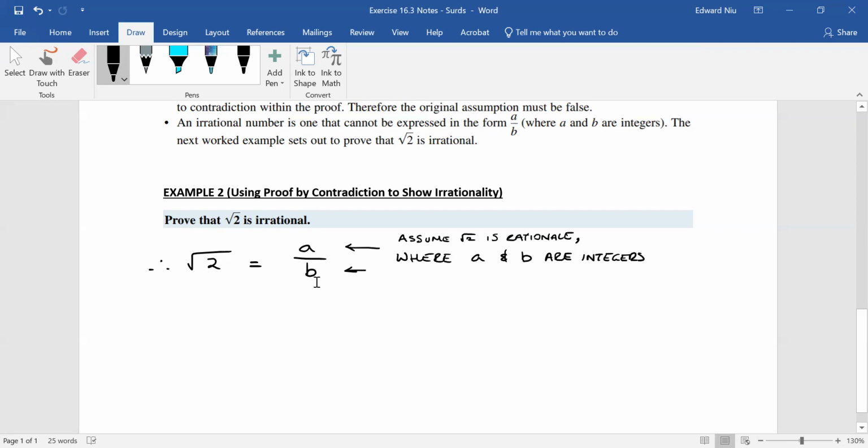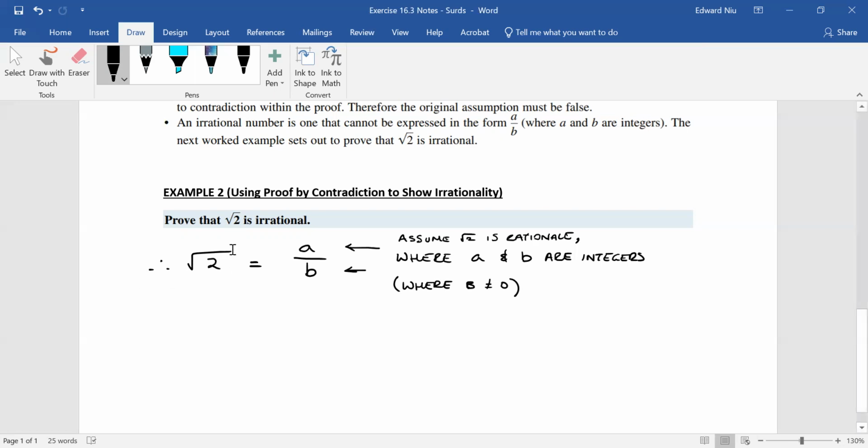You can think of any numbers that get divided by whole numbers a and b, where b does not equal 0, since that'll give us undefined, will always spit out a rational number. For example, 5 divided by 2, if a was 5 and b was 2, we get a rational number.